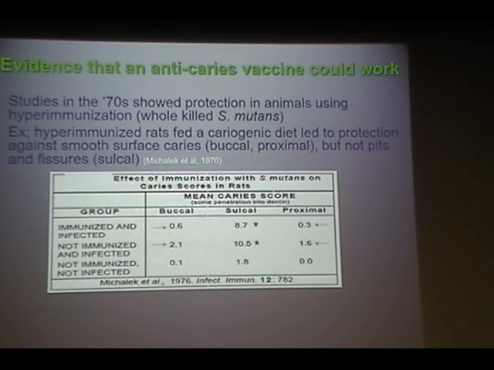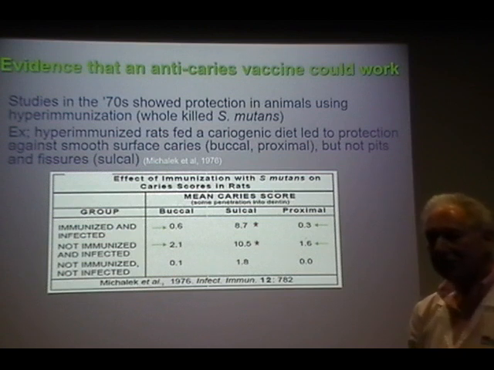Essentially what they did was they hyperimmunized those rats. They fed them a cariogenic diet, and they compared them to animals that were not immunized. Okay? And they looked at the outcome of caries in the mouths of these rats.